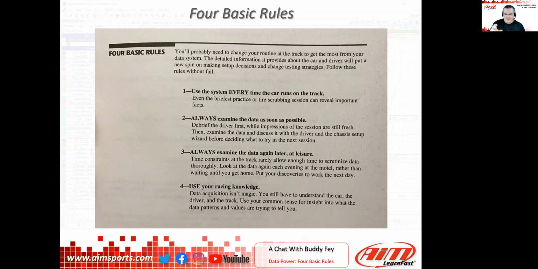This is something that I have followed in my data use. And use your racing knowledge, kind of right back to where we were a minute ago. Data acquisition isn't magic. You still have to understand the car, the driver, and the track. Use your common sense for insight into what the data patterns and values are trying to tell you. I enjoy that. Do you remember writing that in there, or is that just a part of your philosophy that this is just a tool?